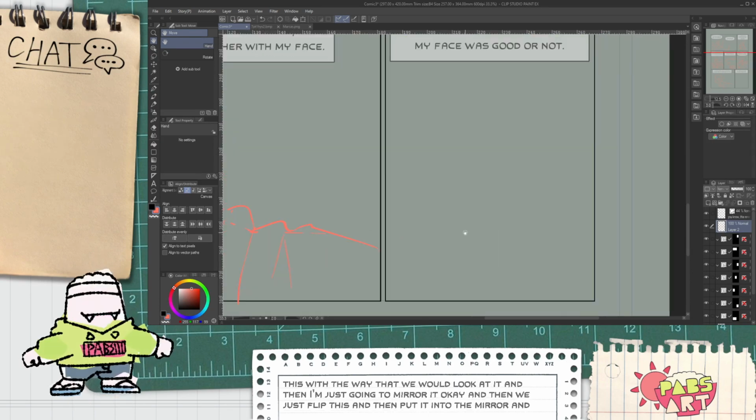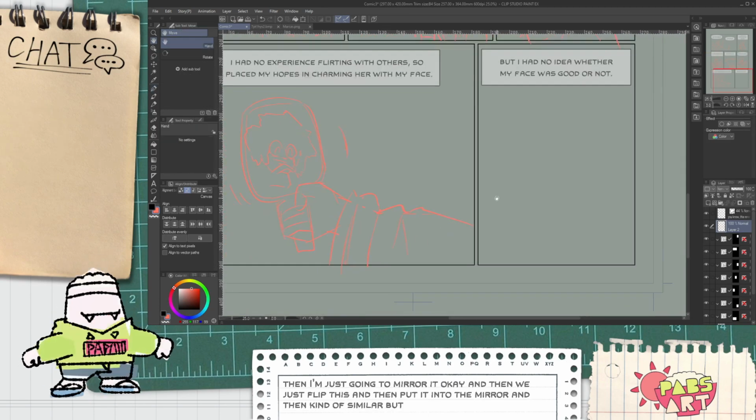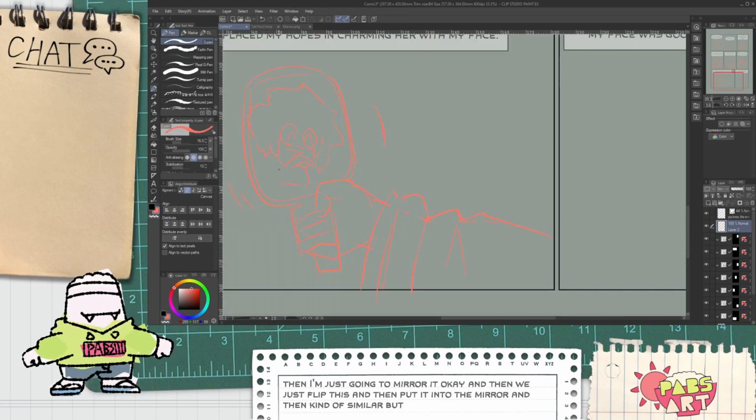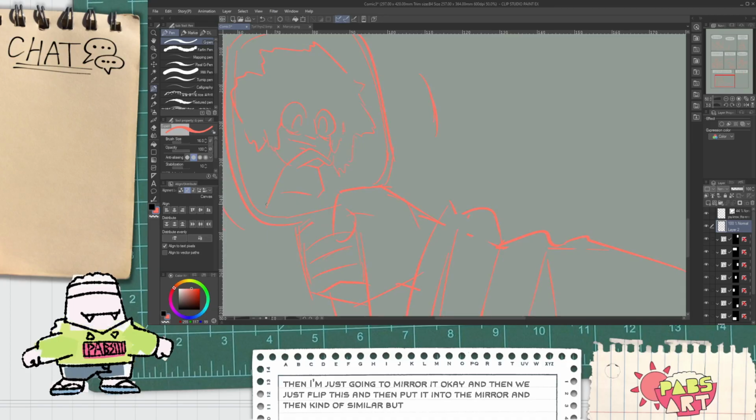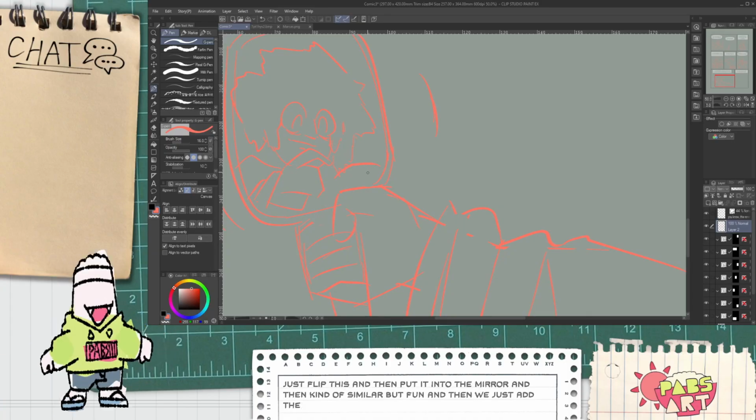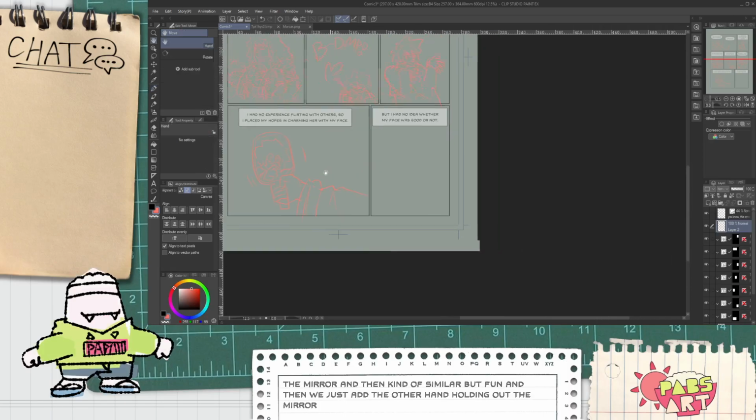And then kind of similar, but that. And then we just add the other hand holding out the mirror.